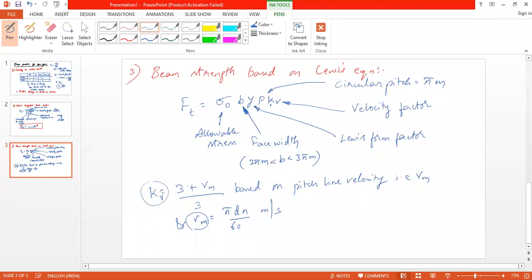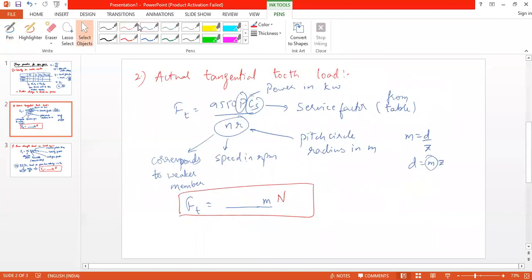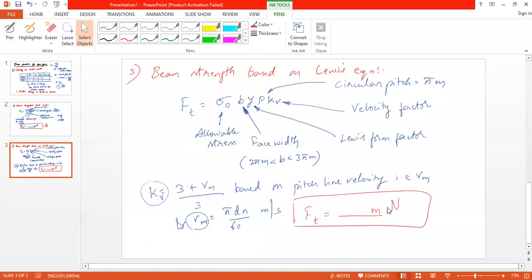Then you can substitute here, and you will get the value of Ft in terms of module, and the unit is Newton. Call this equation 1 and this equation 2.